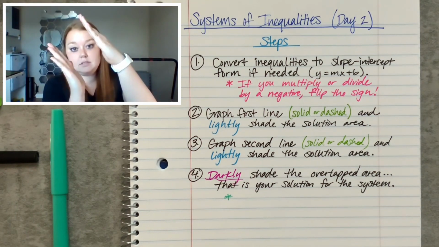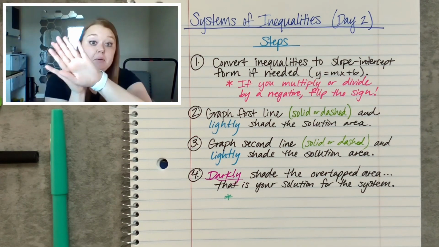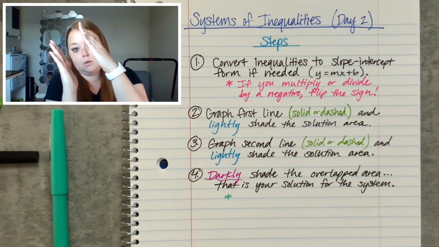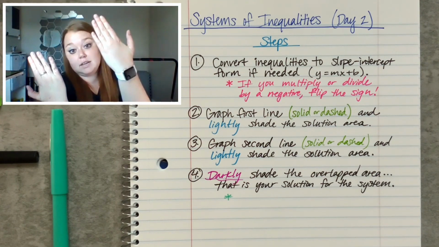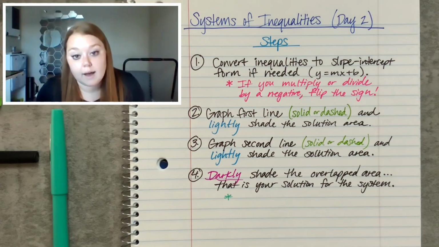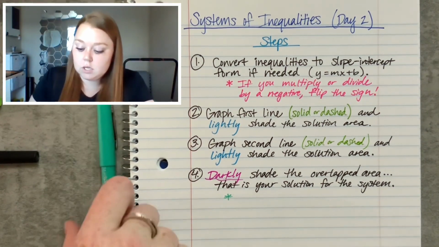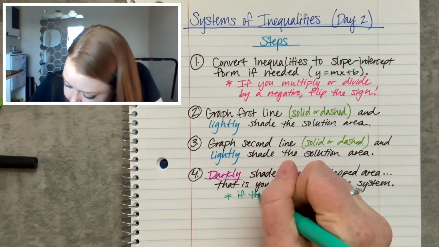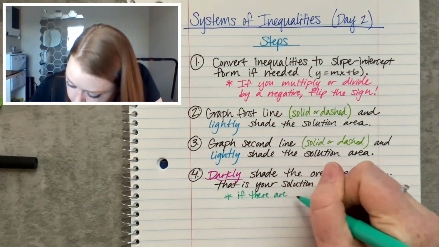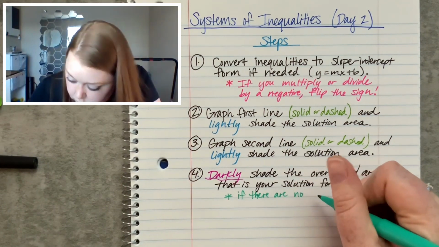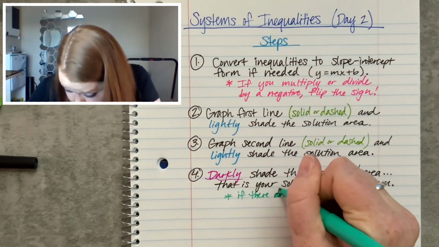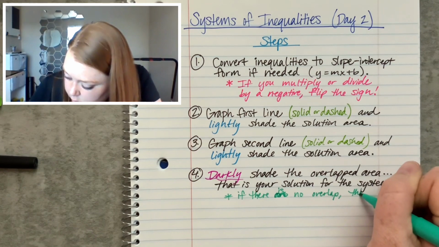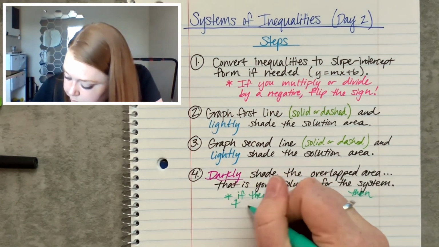So picture parallel lines, they could be shaded towards each other. They would have solutions. Anything in between them would be a solution. But if they go lower than this line, but above this line, there's no overlap, and that would be no solution. So go ahead and make yourself a little note: if there is no overlap, then there is no solution.